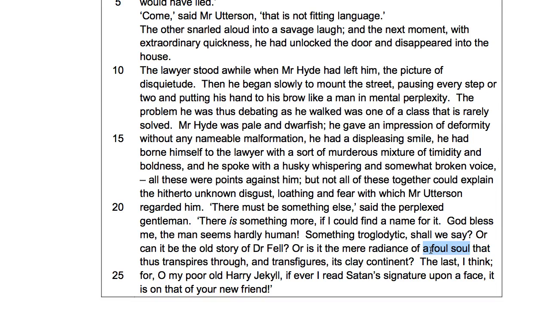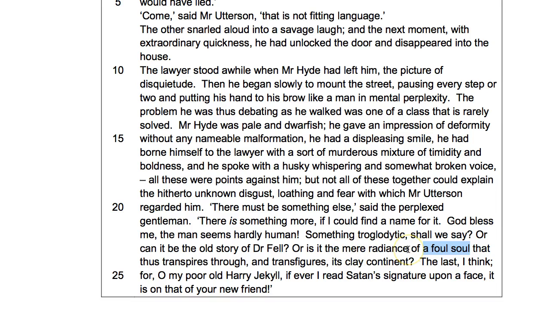But in a wider contextual point, Stevenson himself rejected Christianity. He became an atheist. So again, we can see that he's quite critical of this Christian point of view, and that's why he gives it to Utterson, who he's already revealed as a bit of a hypocrite, lying to Hyde.